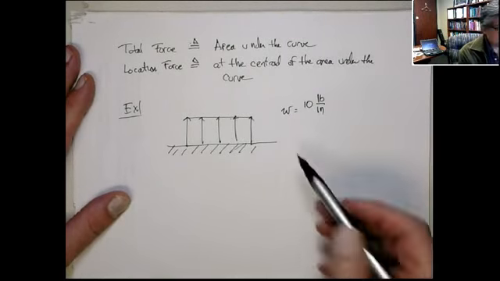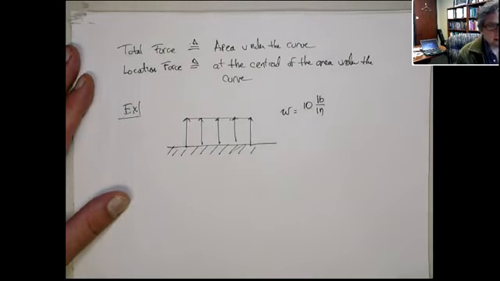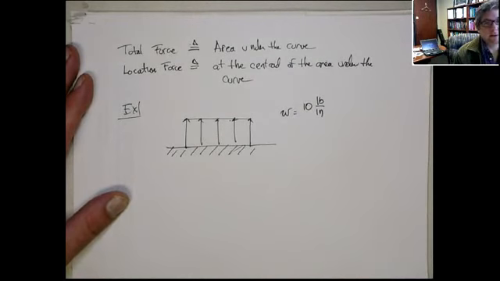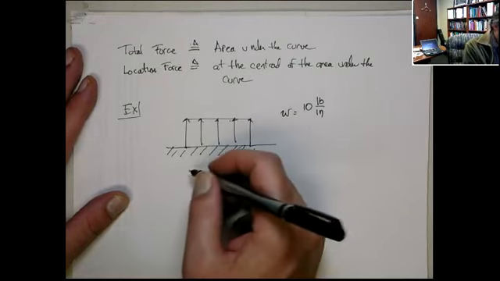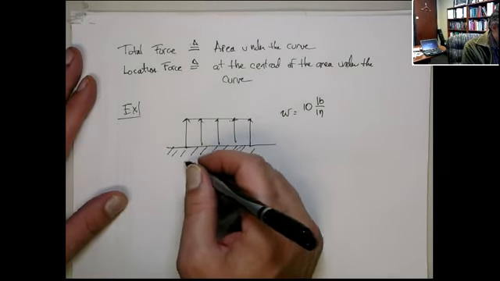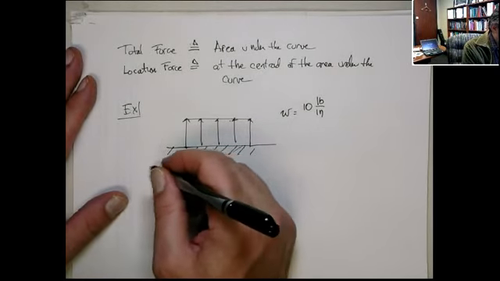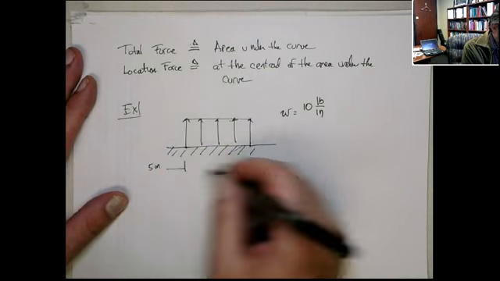Very often they'll call it w in the text. They won't really give w(x) because it's constant. It's not a function of position. Let's say this goes from this location, 5 inches.